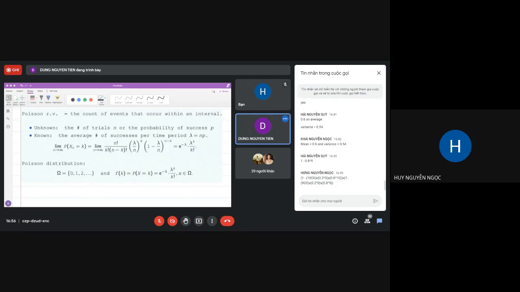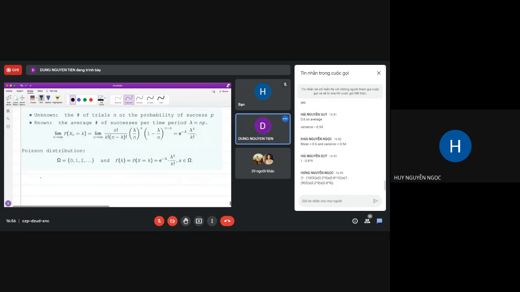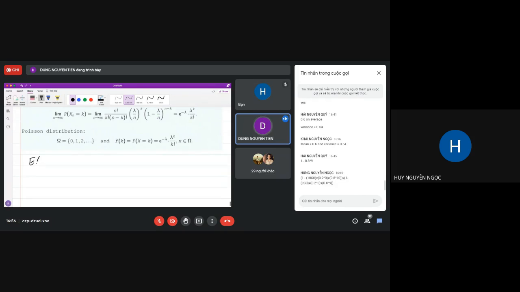Then you can find the mean of X by using the definition. The mean of X is simply the sum of k times f of k, so you get e to the minus lambda times lambda to the k over k factorial, k from 1 to infinity, and you get lambda.